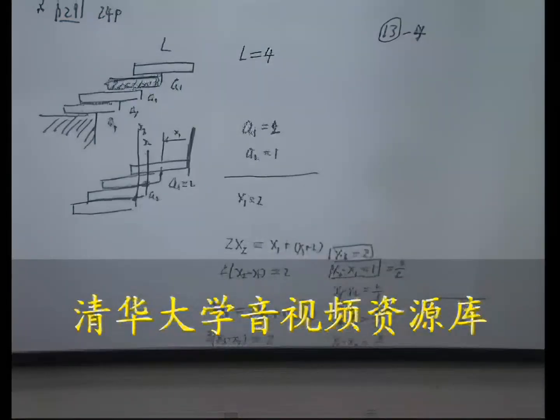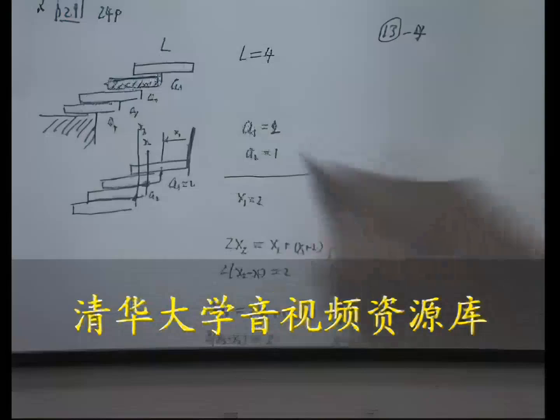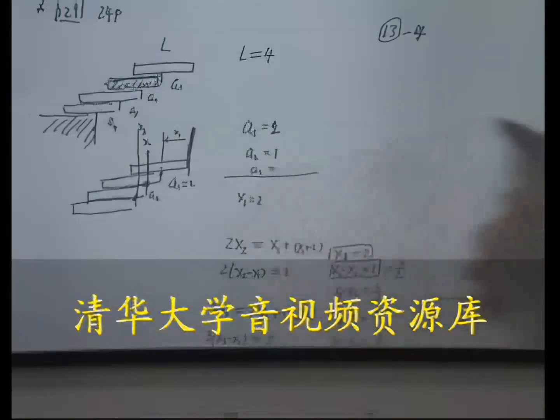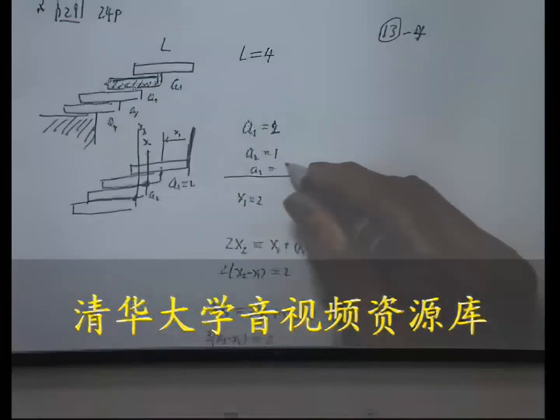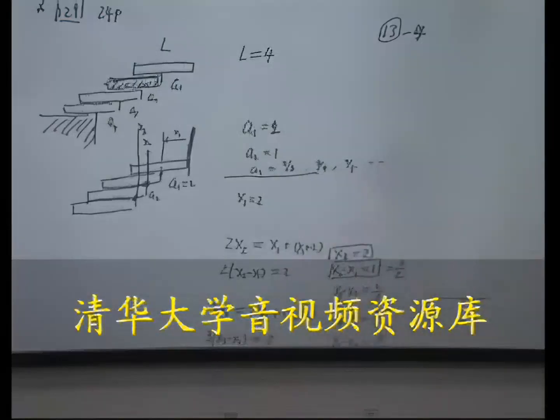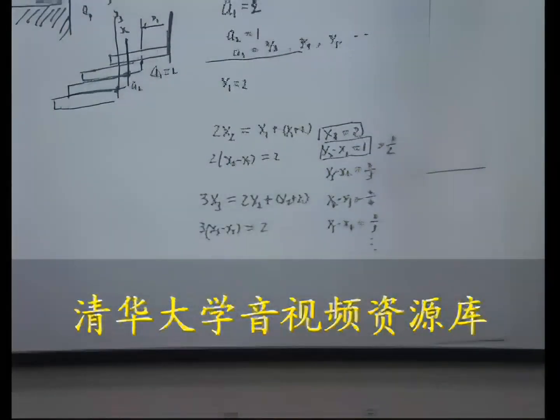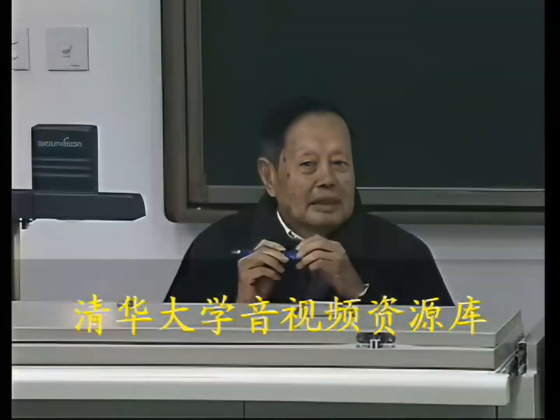So successively, these A's are equal to 2, 1, the next one is 2/3, then it's 2/4, 2/5. Everybody happy? Anybody unhappy?